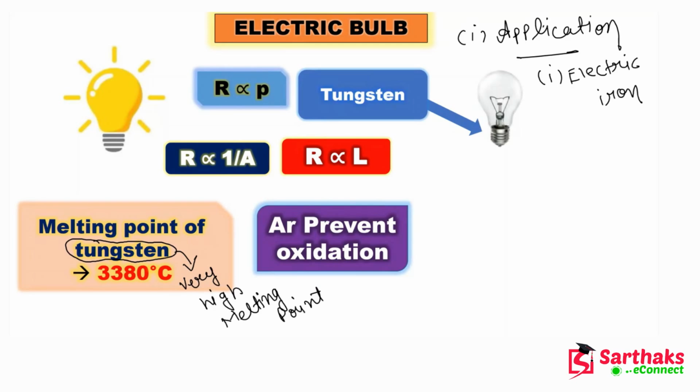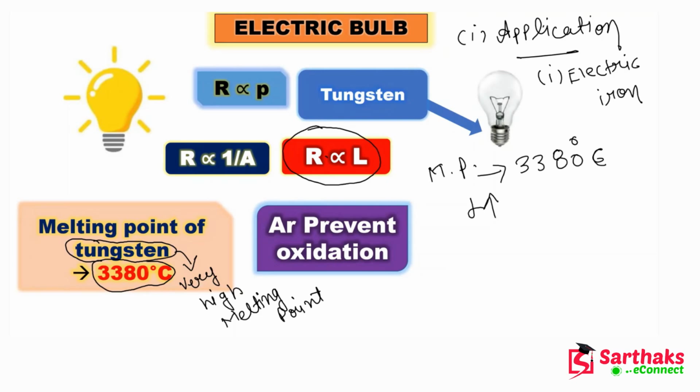And what is the value of its melting point? 3380 degrees centigrade. Okay, this is the melting point of tungsten. Now guys, we also ensure that the length of the tungsten wire is high.